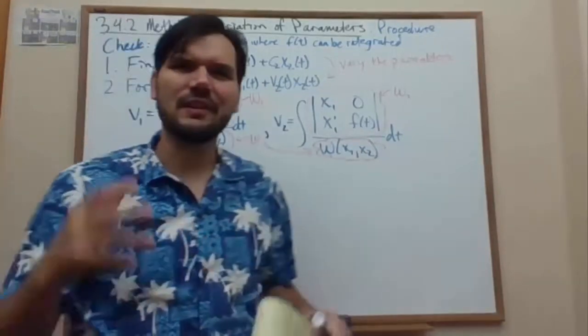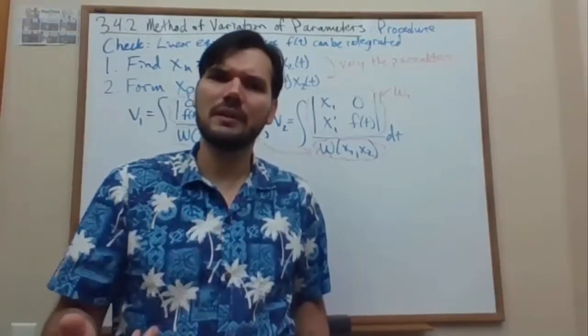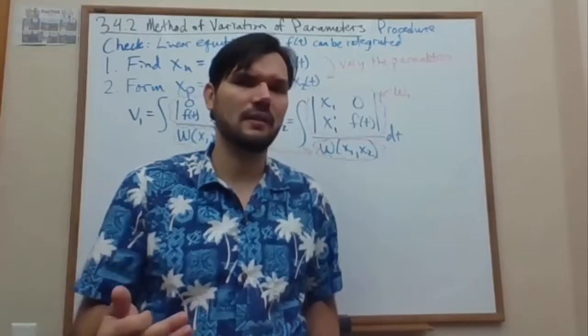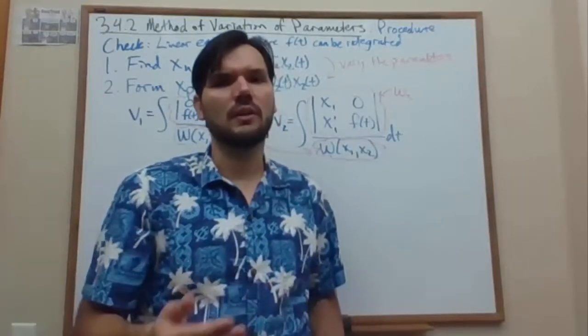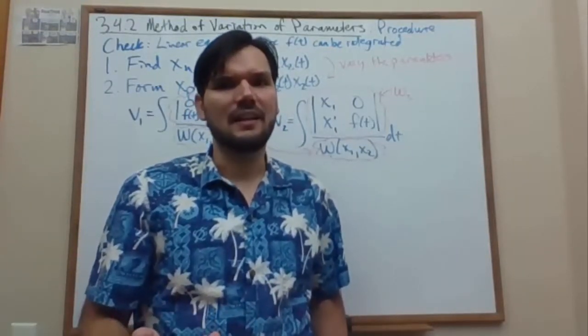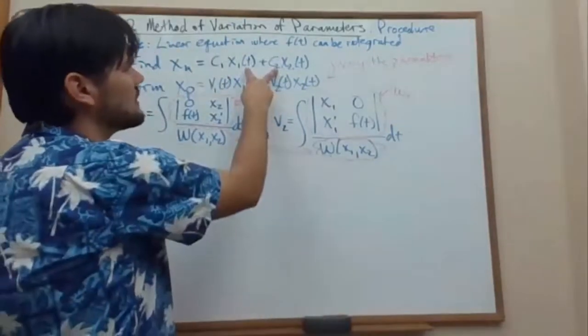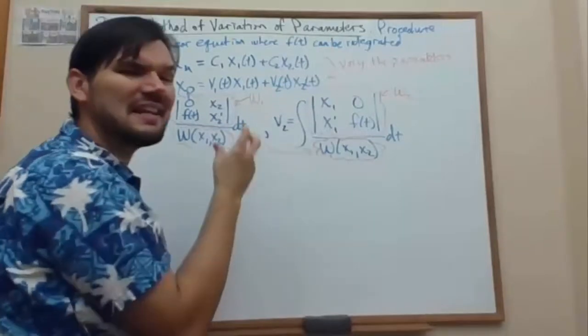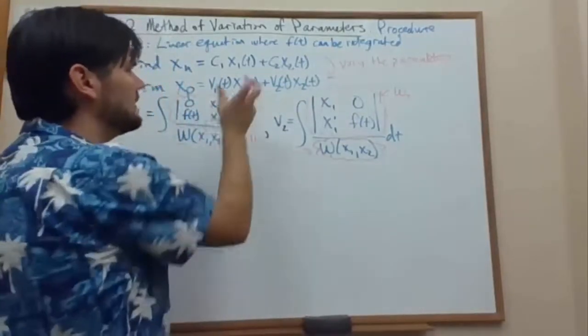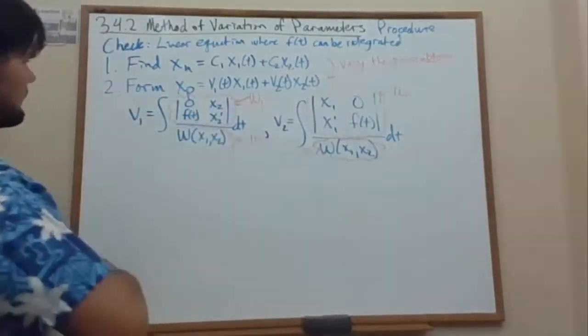So this is a very different approach that is more reminiscent of the integrating factor method from chapter 2. Whereas the undetermined coefficients method looks at the pattern of the derivatives, here we're actually looking at the homogeneous solutions and combining them in a nonlinear way to get our solution.